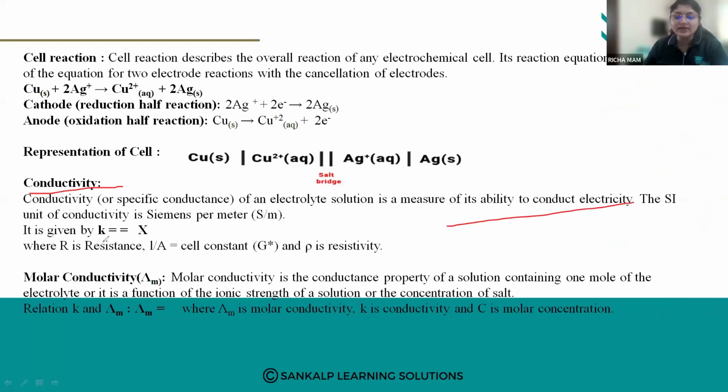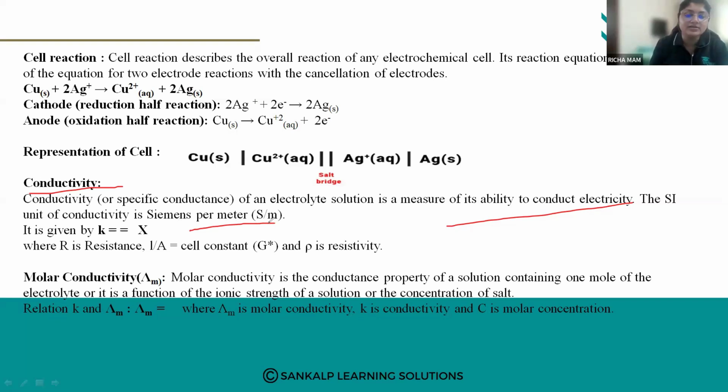The conductivity, or the specific conductance, of an electrolytic solution is the measure of this ability. Its unit is Siemens per meter. This is the unit of specific conductivity.